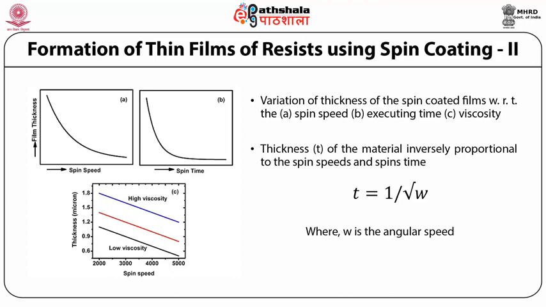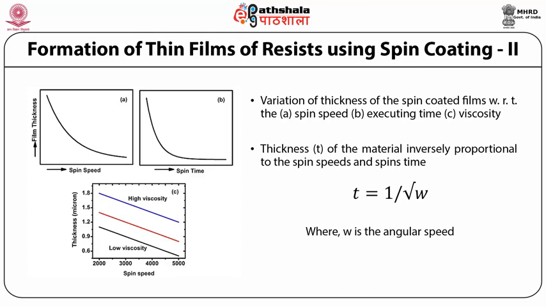Thinner films of suspension material can be formed by using low viscous and non-volatile solvents spin coated at higher speeds. Figure 8a and 8b represent the general trend for the expected variation of the film thickness with speed and time as parameters.